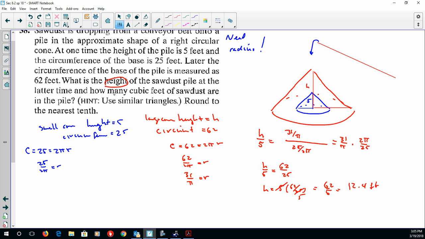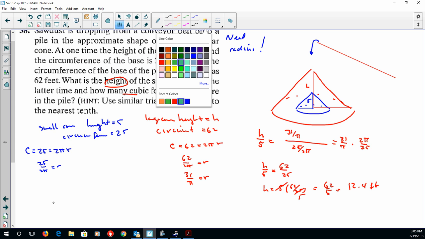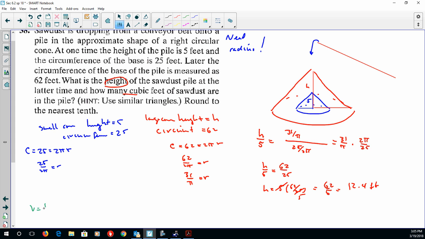Okay. And the volume is 1/3 pi r squared times h. We're looking at the big R now, and h is 12.4.